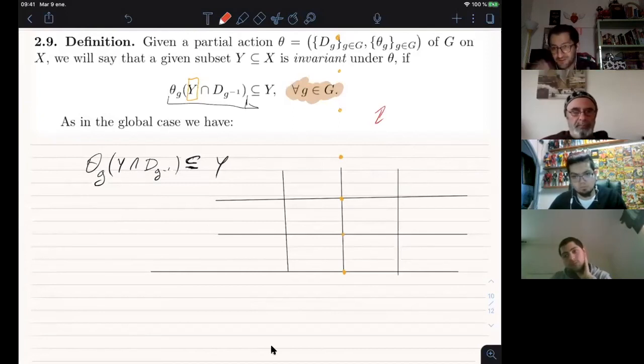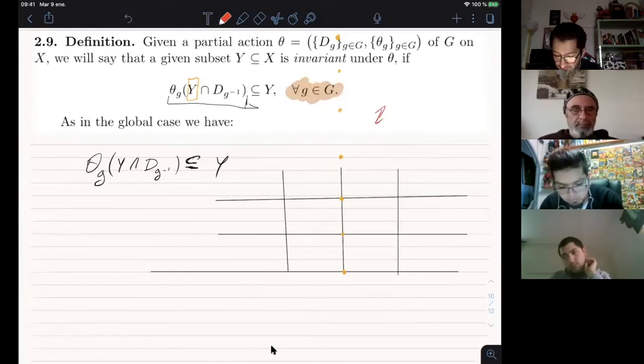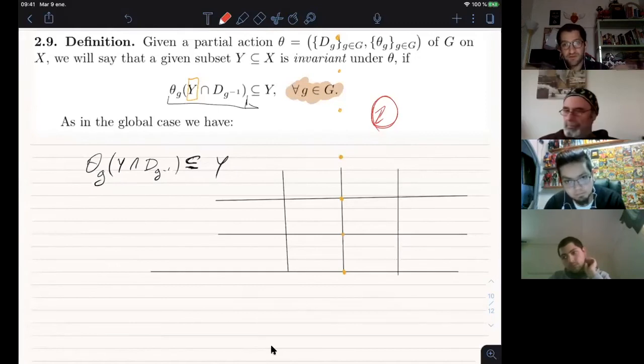We can define also a partial action, which is going to be inherited by the global action, or the complete action, so to speak. And this is going to behave very, very well. In fact, it's not that strange to see that this group acts very well by restricting the global action, which was in the whole half plane.